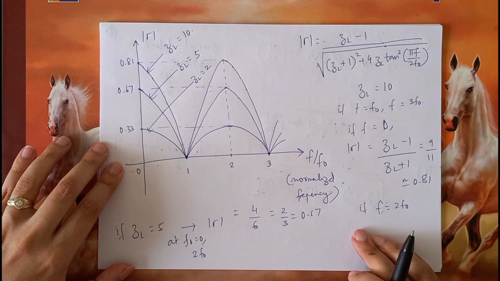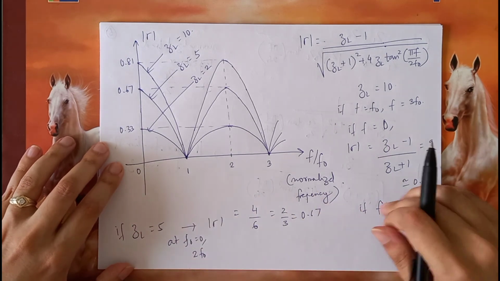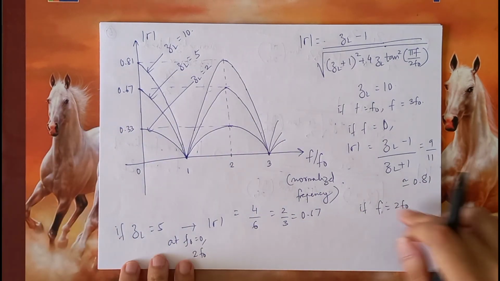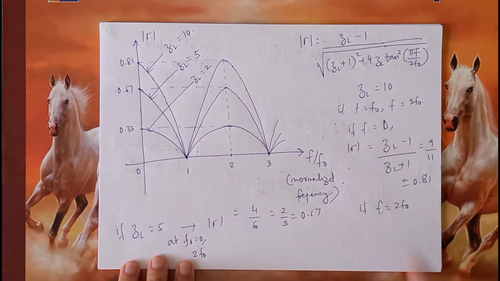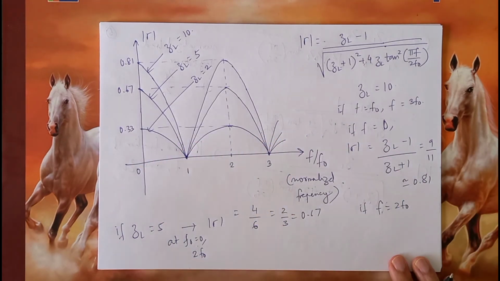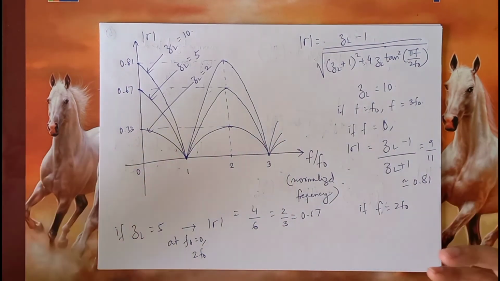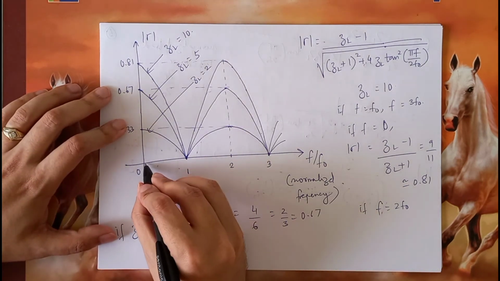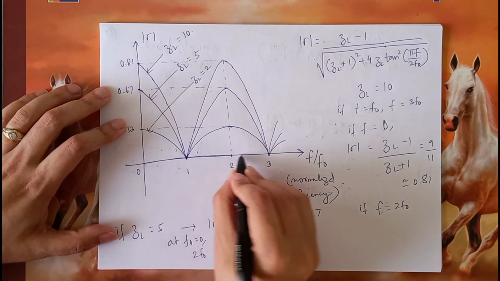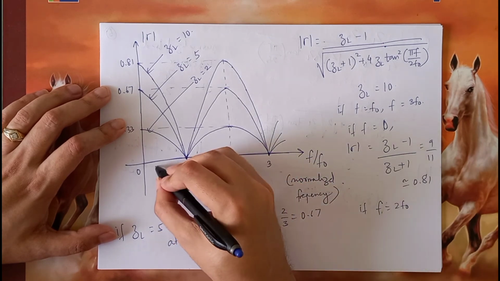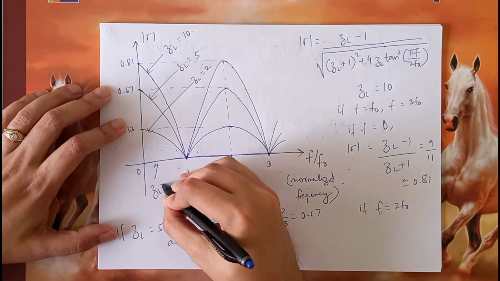What if ZL becomes equal to 1? Then obviously this will be 0 all the time, because it means that if the line and the load are equal, then no matter what the frequency is, the matching will always be there. So if I draw this, this is when ZL is 1.